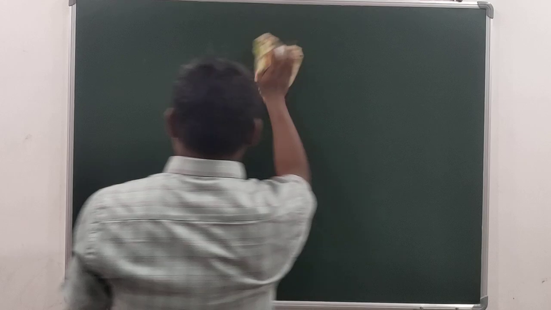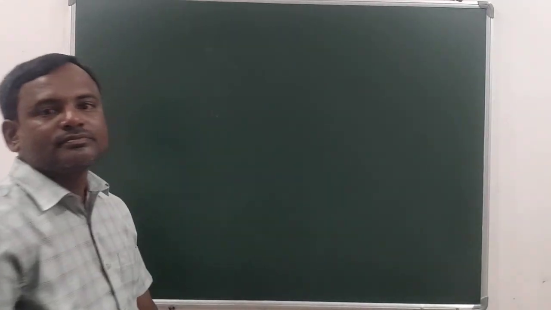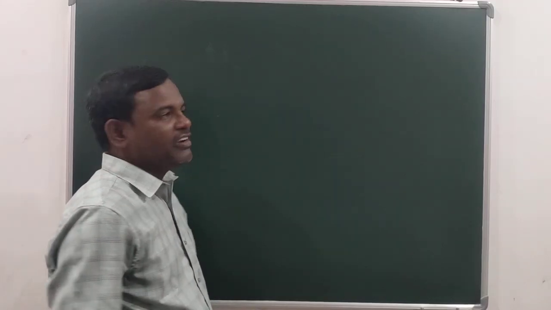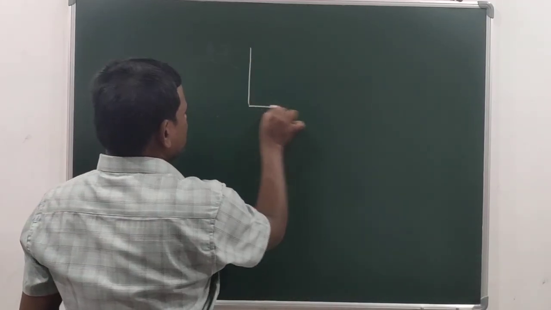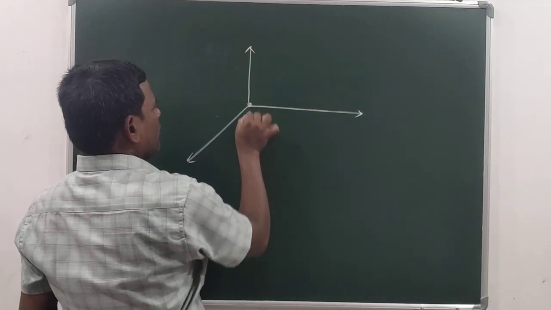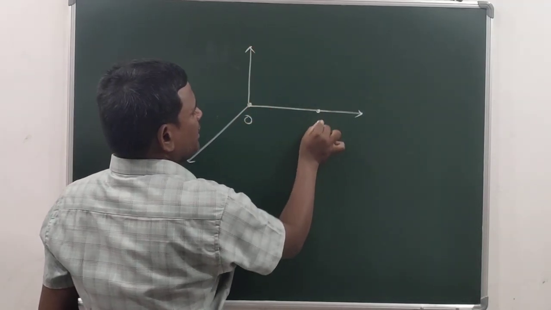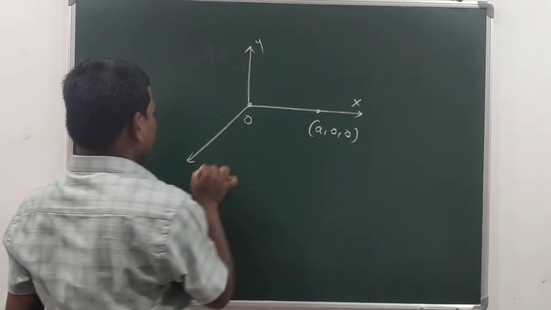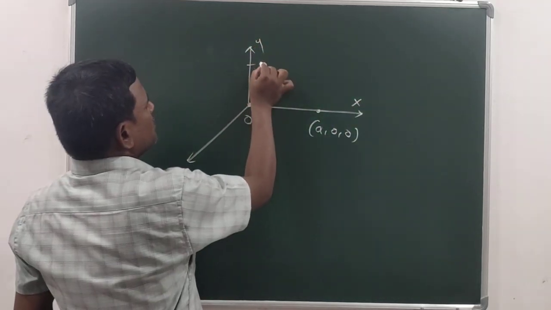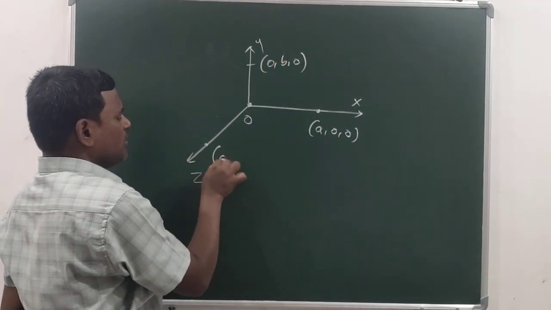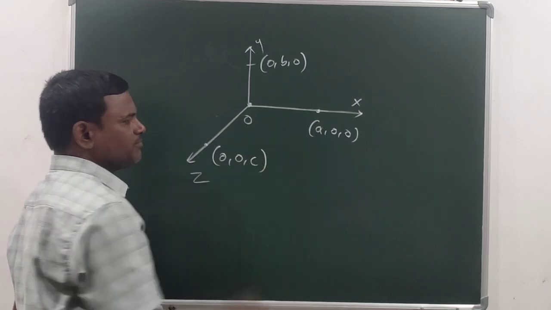Next, see students, find the equation of a plane which passes through a comma 0 comma 0, 0 comma b comma 0, 0 comma 0 comma c.